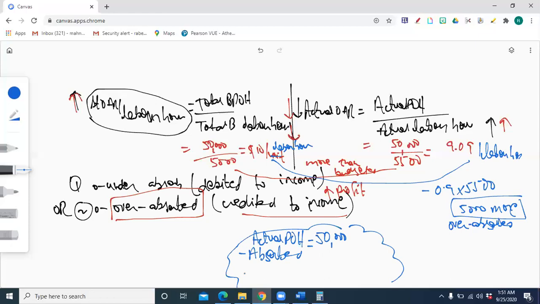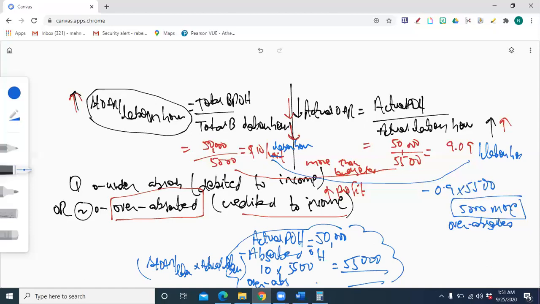So absorbed, I told you, is standard OAR per labor hour into actual labor hours. That is the formula. Standard is always set for the actual. So I absorbed as per 10 per labor hour, and for actual 5,500, I absorbed 55,000. So absorbed is more, it's over absorbed.